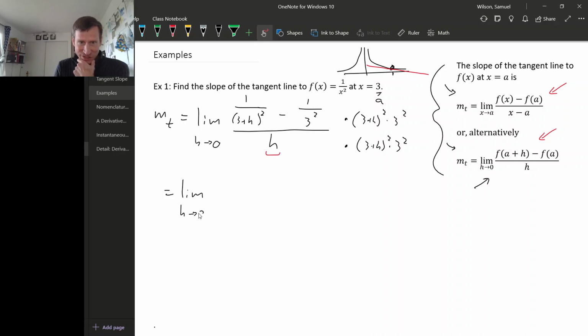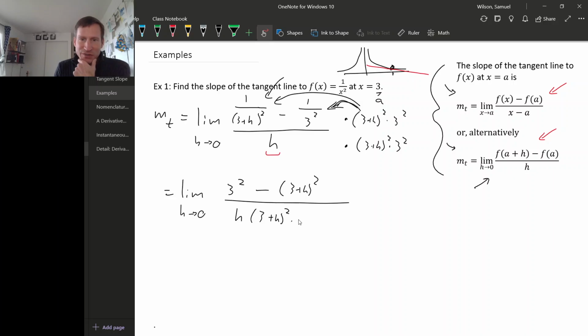So we get the limit as h goes to 0. Now when we distribute this, in this second factor, the 3 plus h squared cancels and we get 3 squared. And in this term here, the 3 squared cancels and we get 3 plus h squared. And in our denominator, we have h times 3 plus h squared times 3 squared. 3 squared is 9. We haven't canceled this h down here yet, so to have some hope of canceling it, we'd better see what happens to the numerator.